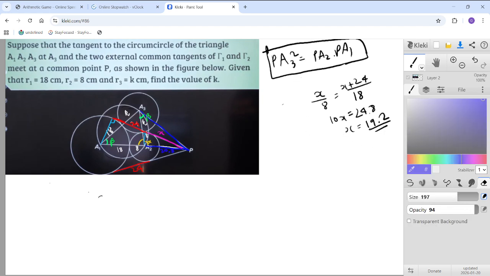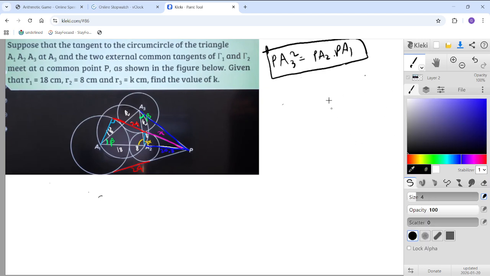So what is PA1? Value of PA1 is 20.8 plus 26, so 46.8, and PA2 is 20.8 only.